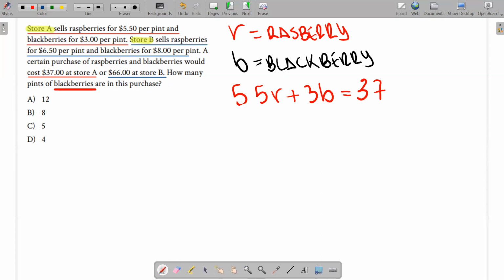The second equation, related to store B, would say that we spend $6.5 per raspberry and we would spend $8 for blackberry. And in the hypothetical purchase that we were discussing before, that would be $66.